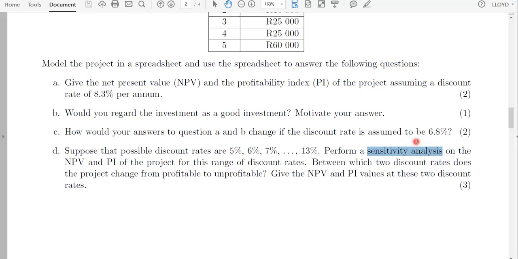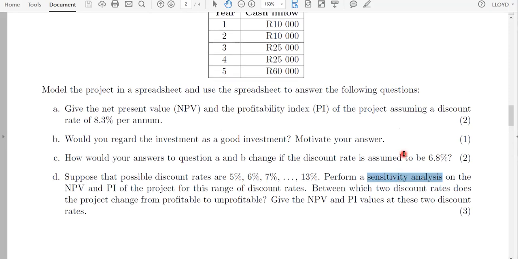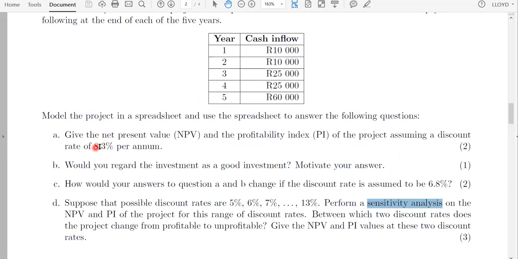The purpose of doing sensitivity analysis is because we know that in real life, if we are doing a capital project appraisal using a single discount rate, like in this case, 8.3%, sometimes this can be different from reality, isn't it?